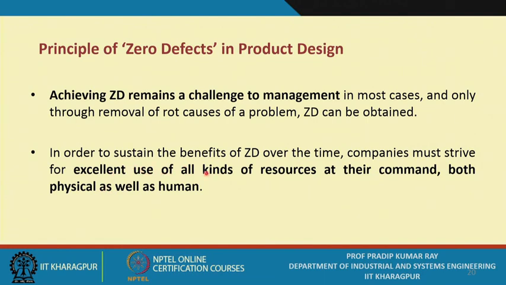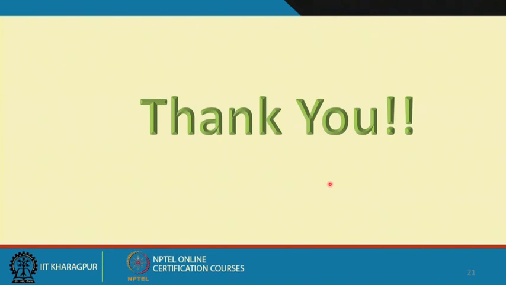And in order to sustain the benefits of ZD over time, companies must strive for excellent use of all kinds of resources at their command, both physical as well as human. So here, in any ZD program, the emphasis is on how to eliminate intentional human error.